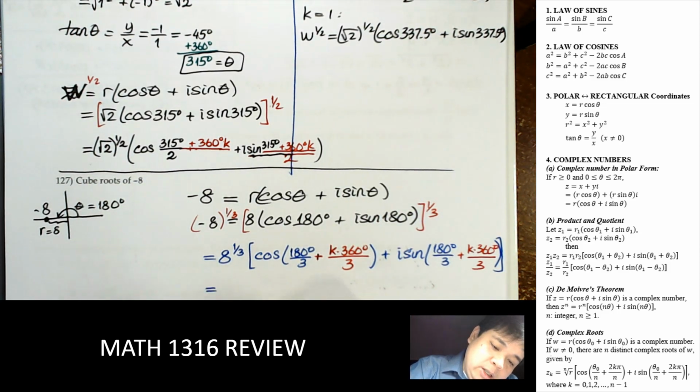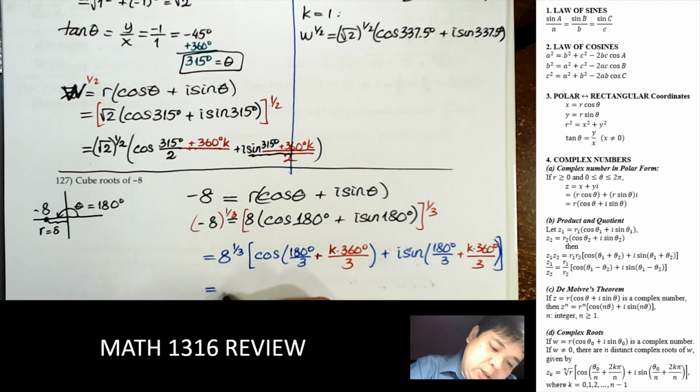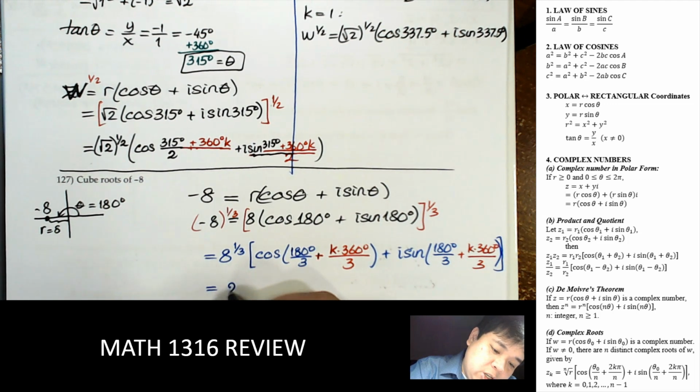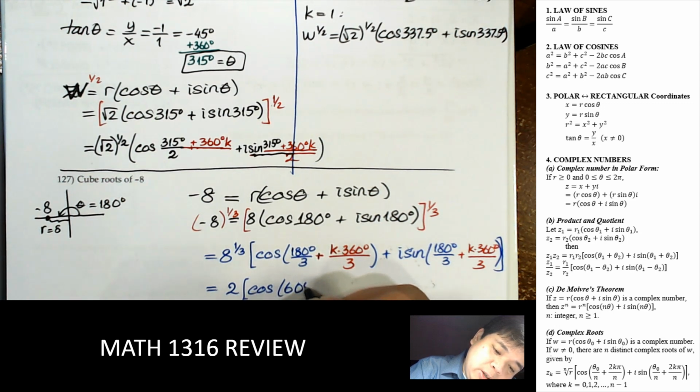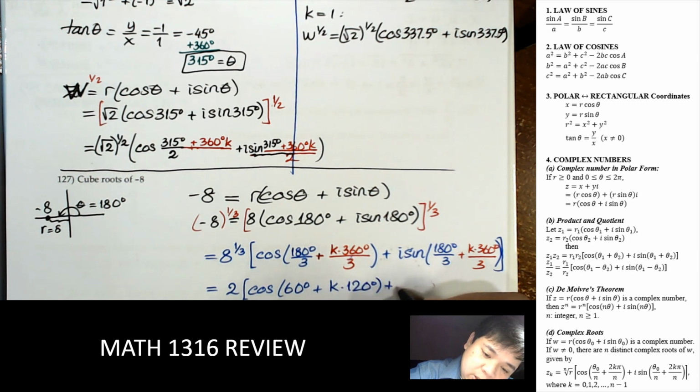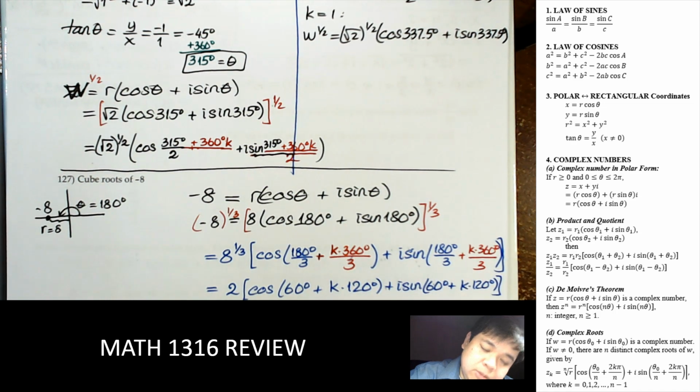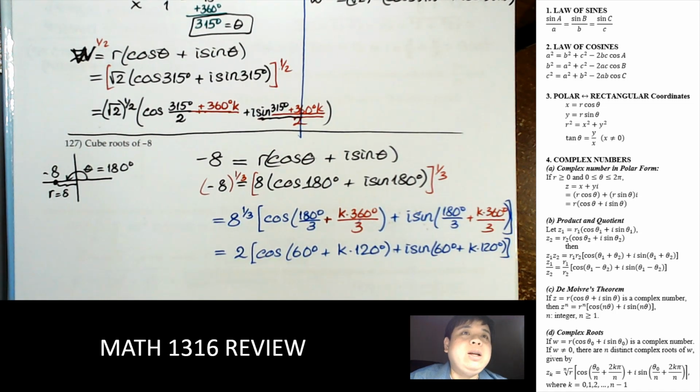So r to the 1/3, or cube root of r, is 2. Cosine of 60 degrees, 360 divided by 3, so that is 120 degrees: 60 plus k times 120 degrees. Right.